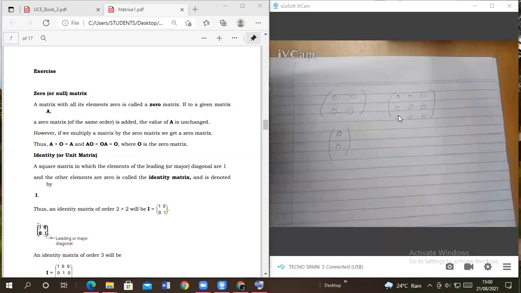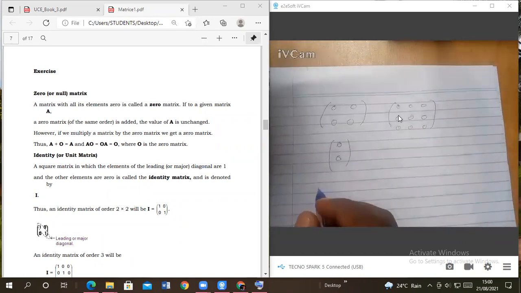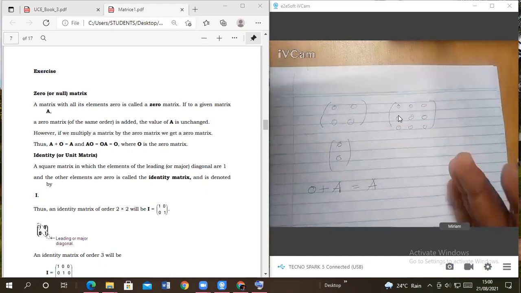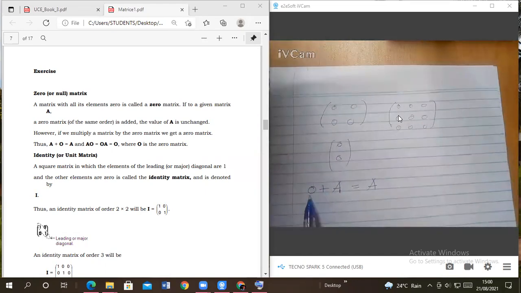And when you try to look at the properties of this matrix, if you have a zero matrix O, and you add it with another matrix A, which is not a zero matrix, you find that you get the same as matrix A, because 0 plus any number, you get that number. So the same applies to matrices.